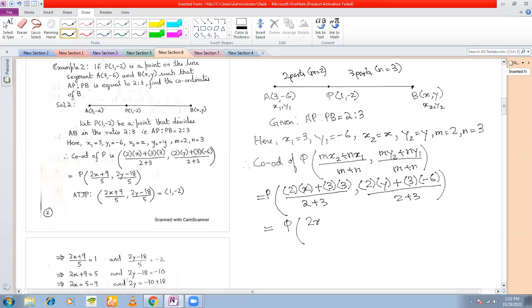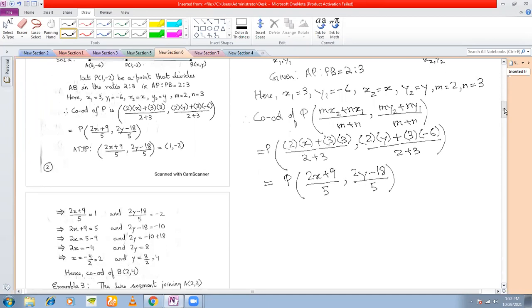P here comes out to be (2x plus 9) divided by 5, and the y coordinate comes out to be (2y minus 18) divided by 5. And because the coordinates of P is given to you, this coordinate that we have got in terms of x and y must be equal to the given coordinates of P, which is (1, -2).